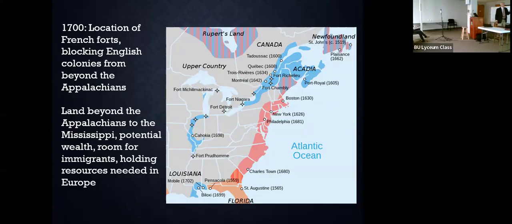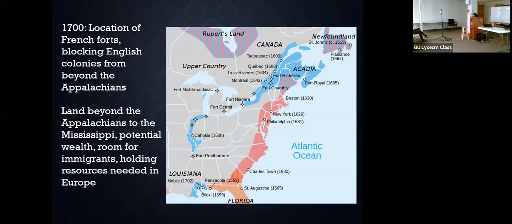But it also constrained the movement of English settlers from the coastland inland. And this, in a sense, was seen as a real problem for the British because they knew there was a lot of land out there, but somehow they were fearful the French would shut this off.